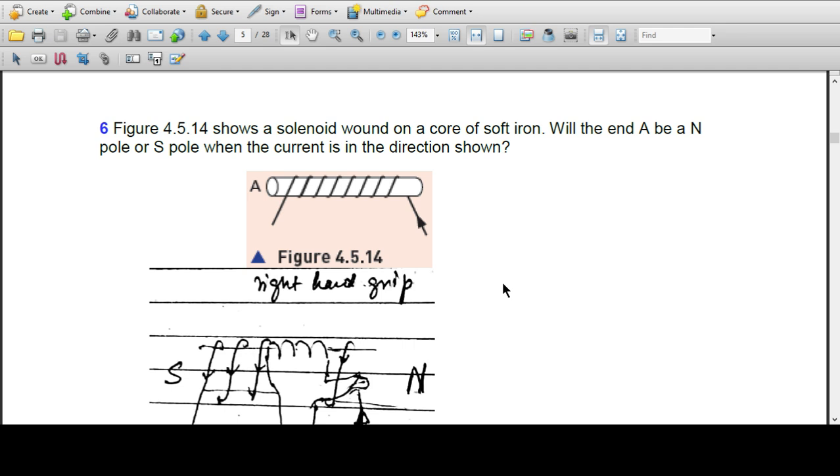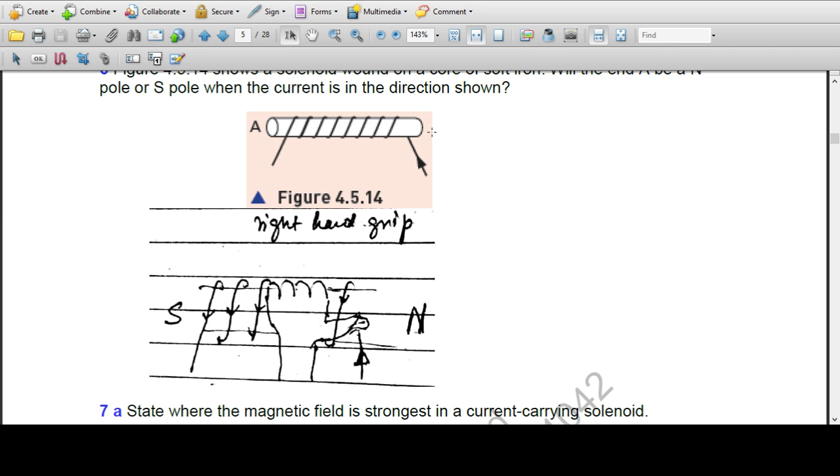So the current is in this direction, which means the north will be here, because when we curl it in the direction, right hand rule, the thumb will point to the north here. This is north. According to the right hand grip rule, this will point to the north. So this is the north direction.